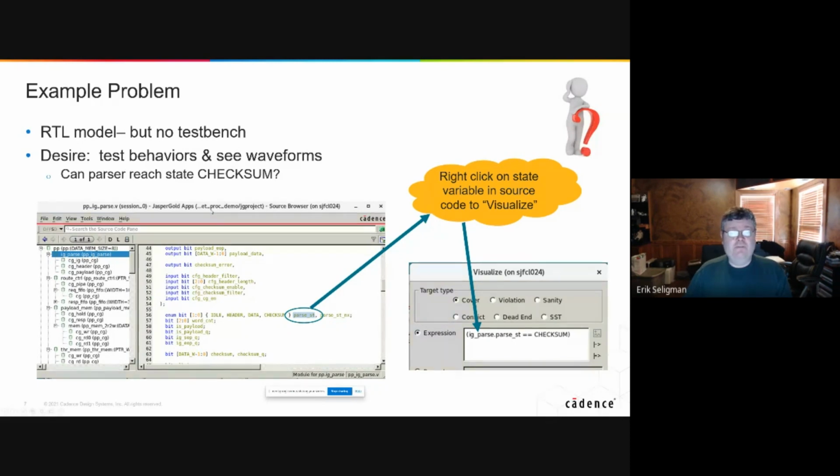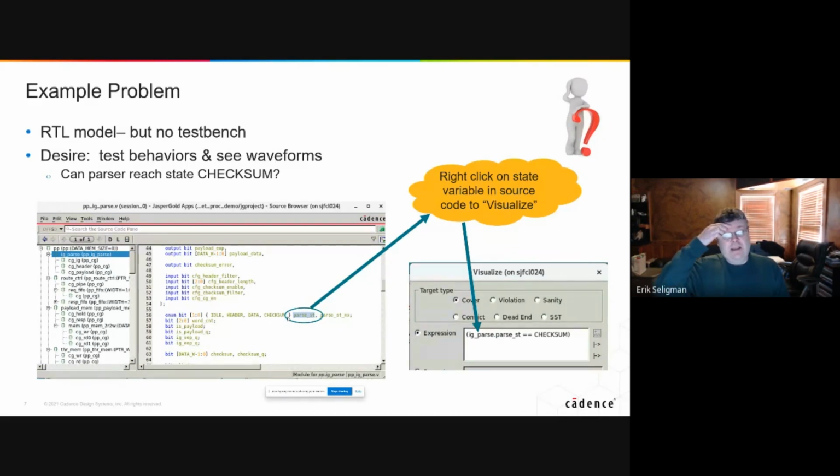Here's an example. We've written a little design that has a state machine, and we have a variable parse state that indicates what state we're in. We want to ask the question: can we reach the checksum state with some set of inputs? It's a basic question about something you've just written, to figure out whether you've coded your state machine in a sensible way so you can get through all the states.